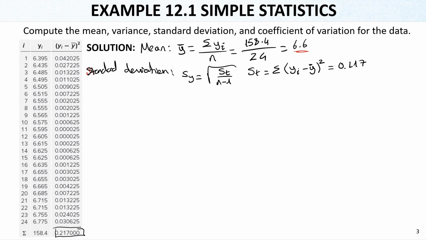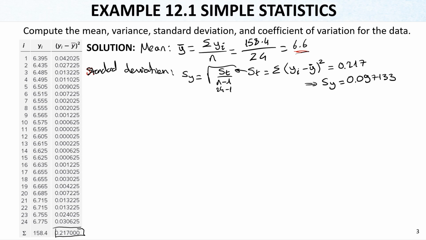Let's put it here and divide by 24 minus 1. In this scenario, take the square root of it, then Sy becomes 0.097133. So you can see that the deviation is very small compared to the mean data, 6.6.